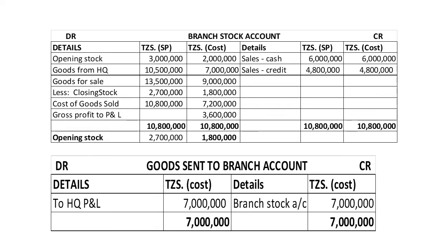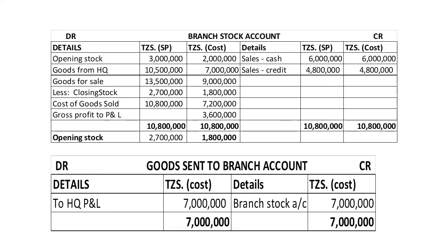So we take, as usual, opening stock. We have 2 million, but we add that 50% markup so that we arrive at a selling price of 3 million. Goods from head office are 7 million, but if you add 50%, the selling price is 10,500,000.